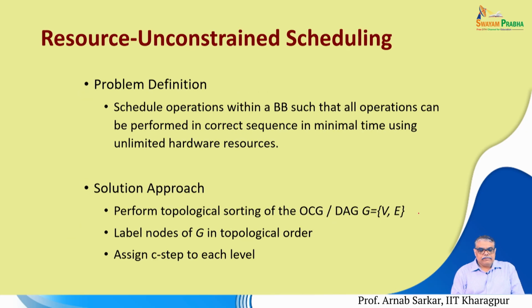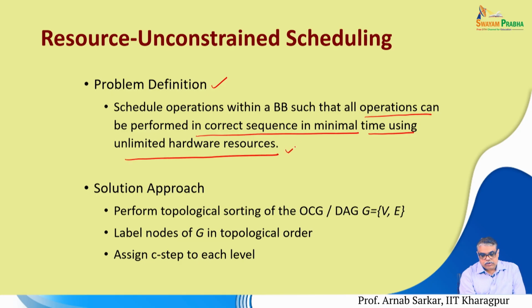So, we look at the first type of scheduling strategy, resource unconstrained scheduling. Reading the problem definition: schedule operations within a basic block such that all operations can be performed in correct sequence in minimal time using unlimited hardware resources. So, how do you do that?